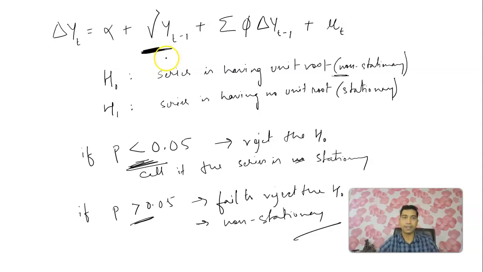Clear? At the moment you can pause the video and think about what happens if the p-value is less than, what happens if it is greater than, and how you accept and reject the null. You can pause the video for a few seconds and write this decision rule in your own words.